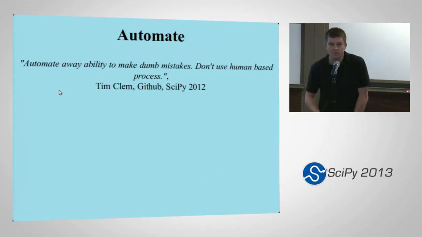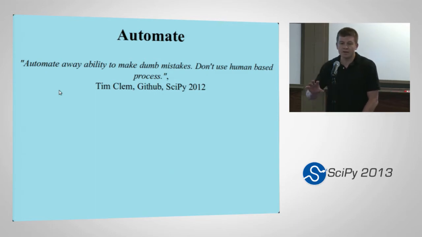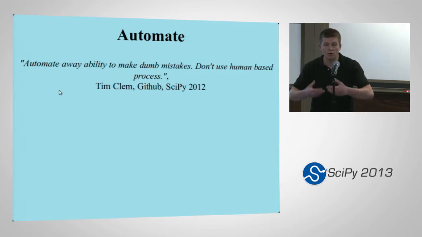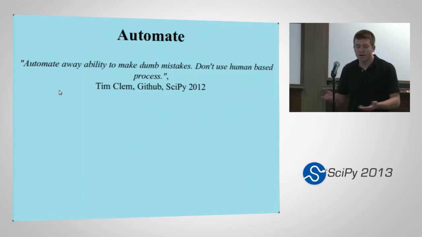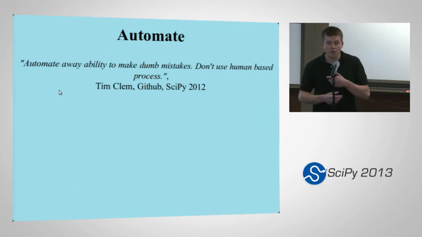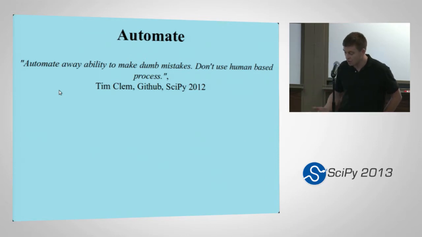And that really speaks to reproducible research, and that we don't want to invent human-based process for reproducible research. We have to automate, we have to have tools that automate the process. So we don't want to be uploading data to a repository and then filling in forms on a website about our data. You know, that's just not going to work.